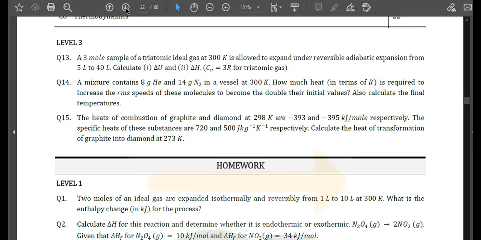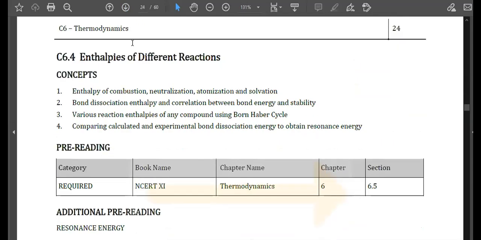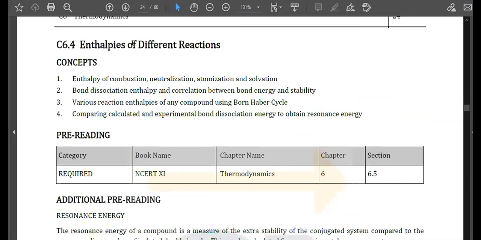Okay, so let's come to our 6.4. In 6.4, we have different types of enthalpies. We see that we have enthalpy of combustion, enthalpy of neutralization, enthalpy of atomization, enthalpy of solvation. We have studied all these enthalpies, right, everyone?